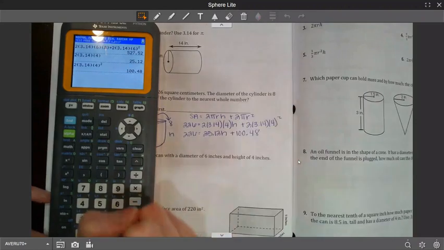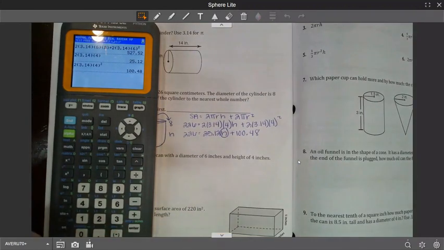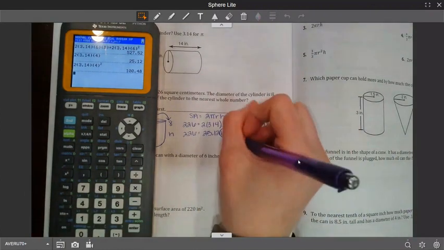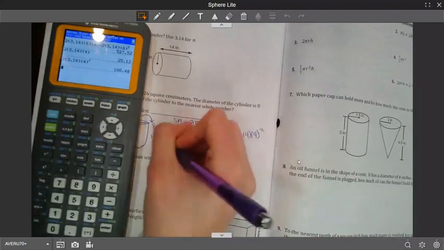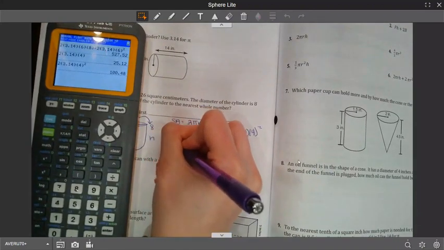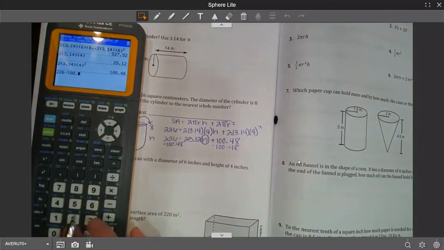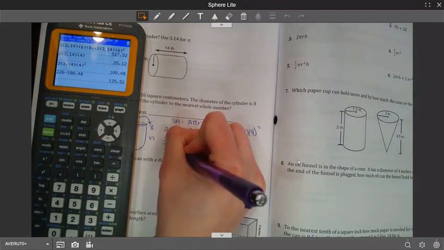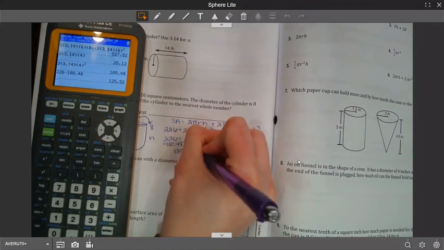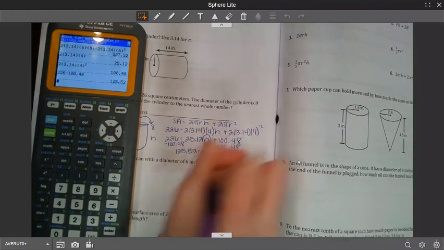100.48. Okay, here our goal is to solve for h. So I'm going to undo the things that are happening to it just like I would an equation. So I'm going to subtract 100.48 from both sides. So 226 minus 100.48 gets me 125.52 is equal to 25.12 h.